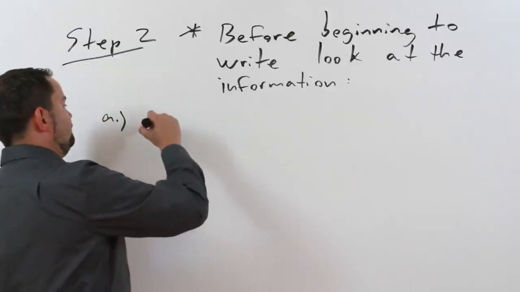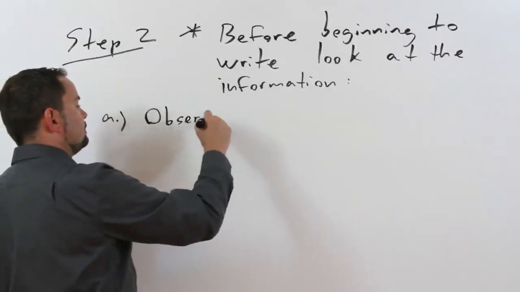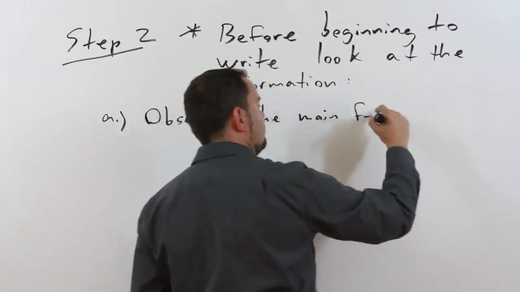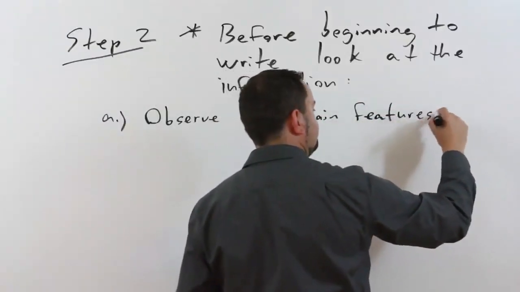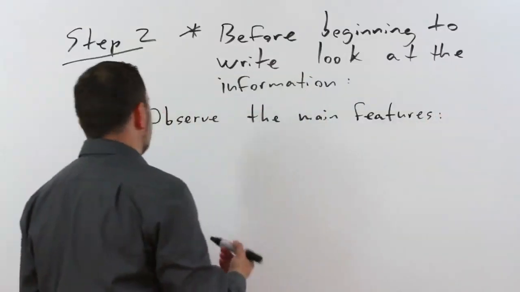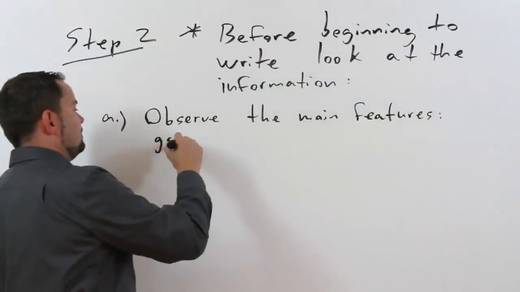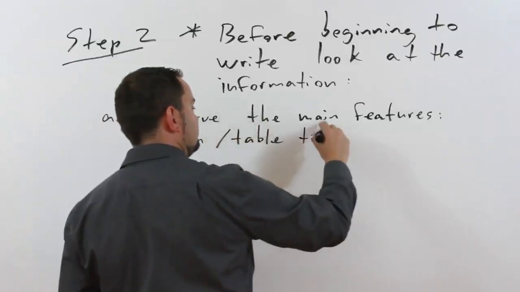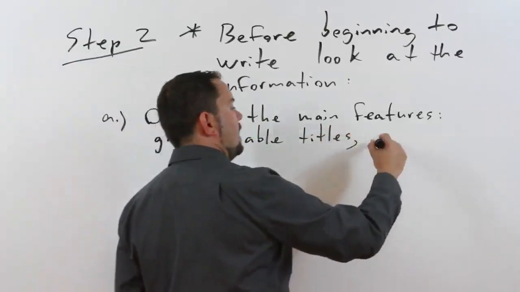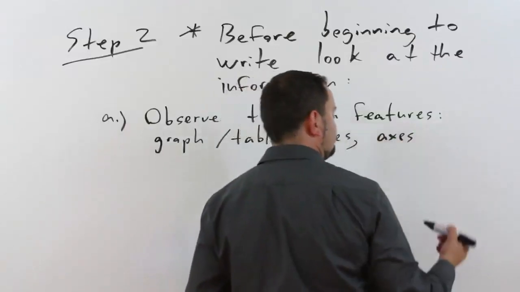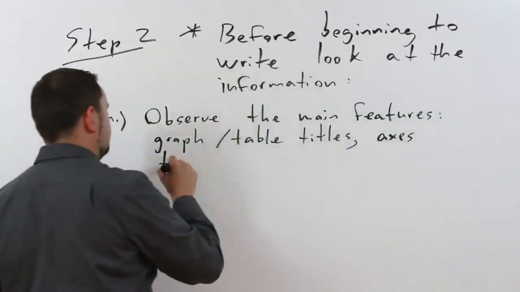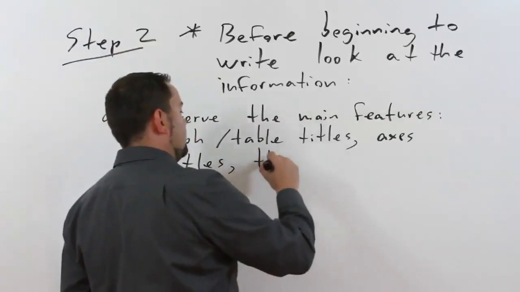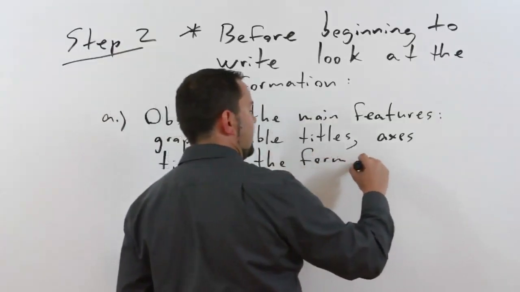So observe the main features. So of course, again, that's graph titles or table titles, axes titles, the form of the data.